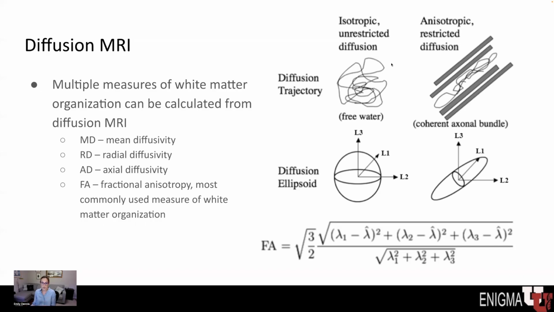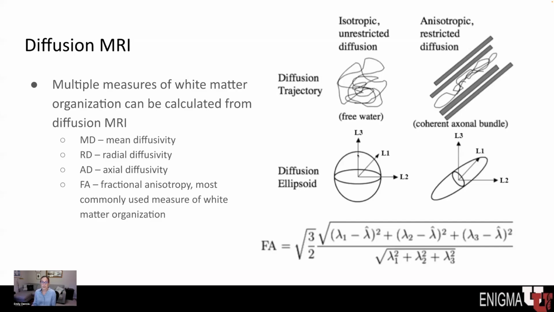Going back to the image on the last slide where the CSF had a lot of movement, that's an area where water can move relatively freely, and we call this isotropic diffusion, meaning that it's random in all directions and not preferentially along one direction. Whereas in an axon bundle, water is going to have more anisotropic diffusion. It's going to move primarily along one direction rather than all of them equally.